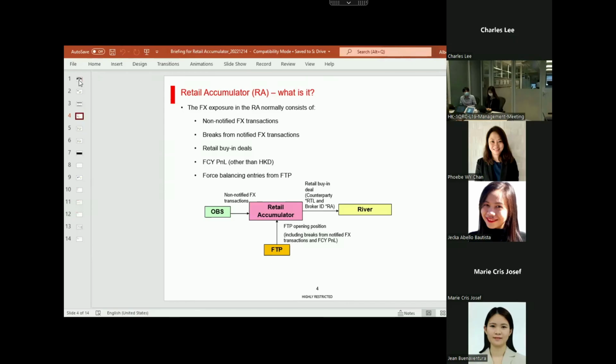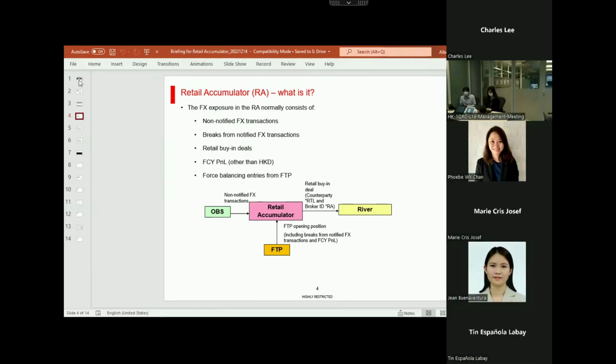For businesses that choose to manage their own exposures coming from their P&L, we can do that. We set up an auto buy-in process. On a daily basis, when the P&L is sold down to retail accumulator, an auto buy-in ticket is also generated for businesses selected to manage their own FX exposures.